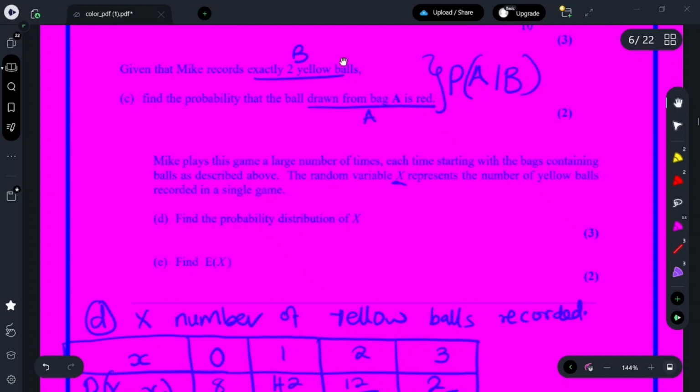So let's rewrite this question in a different way, with the same meaning: what is the probability that the ball drawn from bag A is red, given that Mike picks exactly 2 yellow balls. So find the probability of A given that B occurs.